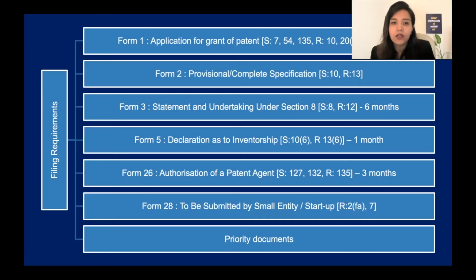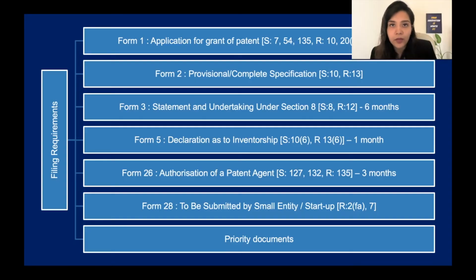But always we need to give a proof of right, and it is given under Form 1. And if we do not give it along with the filing, it can be given within 6 months, but giving proof of right is important. Next, we have complete or provisional specification.